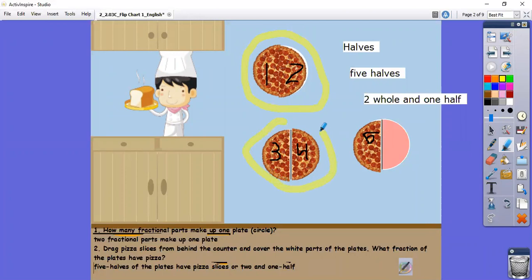When they're completely filled in, that makes a whole. So since I have 2 circles here, I have 1 whole, 2 wholes, and what's left is a fraction, 1 half. If I wanted to count just the halves that I have, again, I have 1, 2, 3, 4, 5 halves. So there's different ways for us to show this fraction.